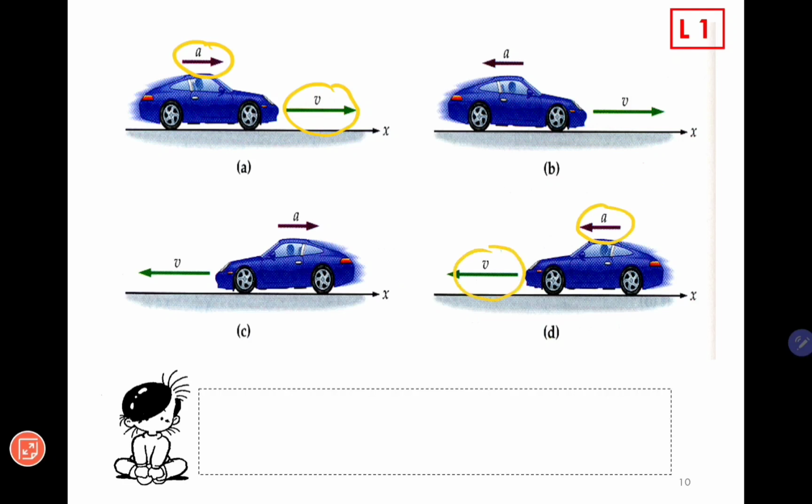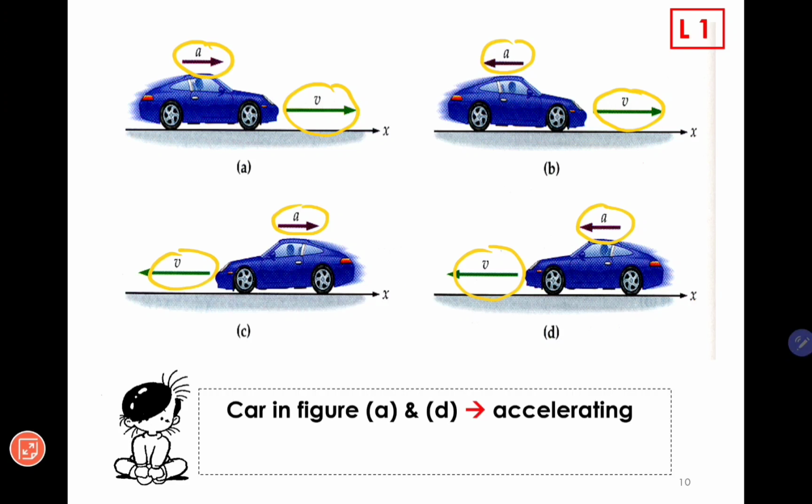So in the same direction, of course, the object just accelerates. While for B and C, the directions of a and v are opposite, so they are under deceleration. So as a conclusion, the cars in figures A and D accelerate, while the cars in figures B and C decelerate.